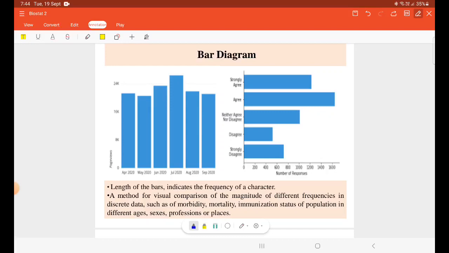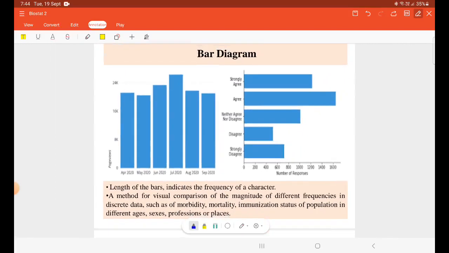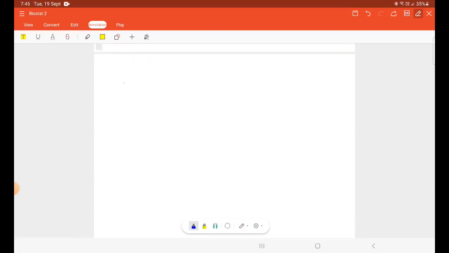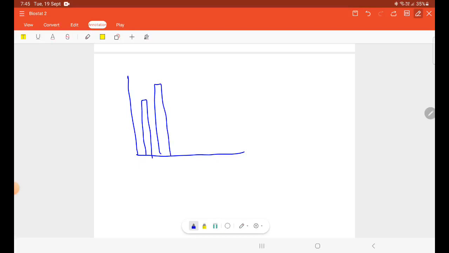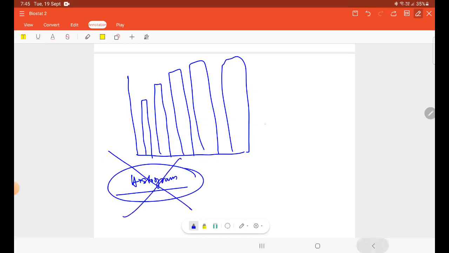So here, in the bar diagram, same thing, if we put age and kilometers covered by walk, we can show individual observations by bars. So it looks very much like a histogram, but it is not to be mistaken, it is not a histogram. It is a bar diagram.